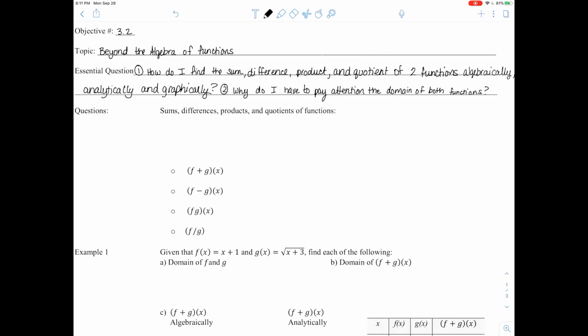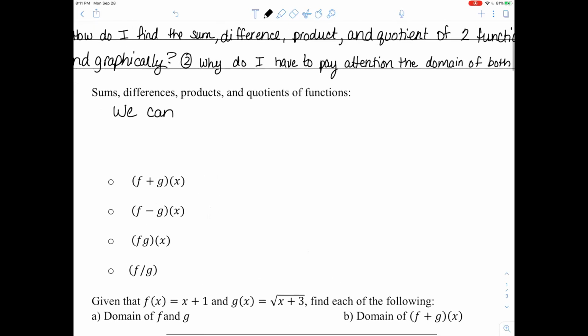Just so you know, we can add, subtract, multiply, and divide two functions to obtain new functions.